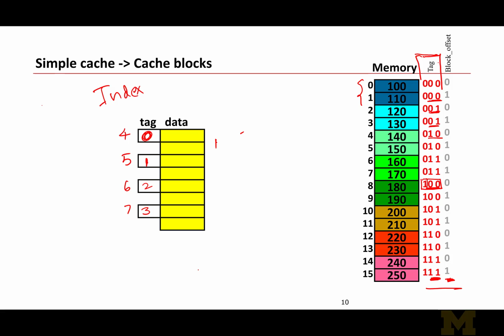So the block address mapping would look something like what I'm showing here if I choose 2 bits to index into this array of cache lines. And so I can continue this, so 7 would basically correspond to the last address that we have here.